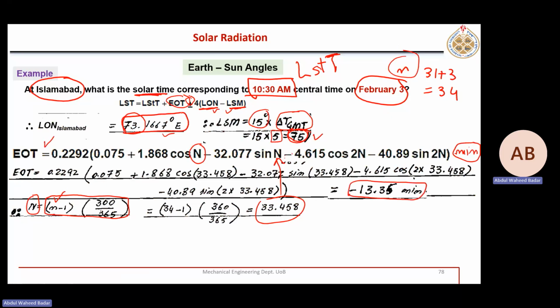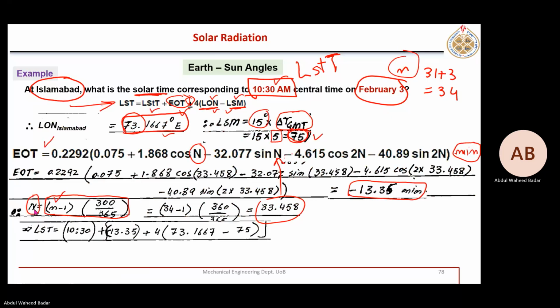Now we have the equation of time. We have LON, LSM. Local standard time is given as 10:30 am. Just put it in that main equation. So put everything in this main equation. So here is local standard time, 10:30. Equation of time, which we estimated, minus 13.35, so you have to put minus here.